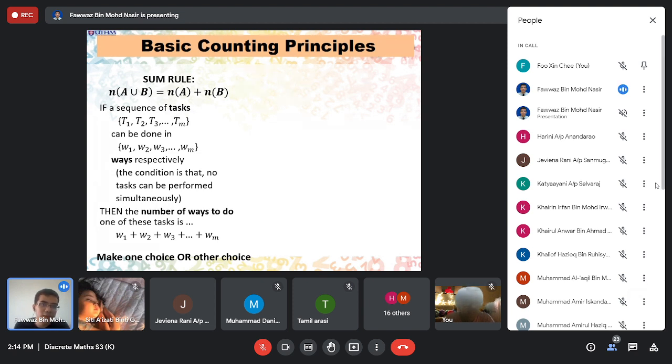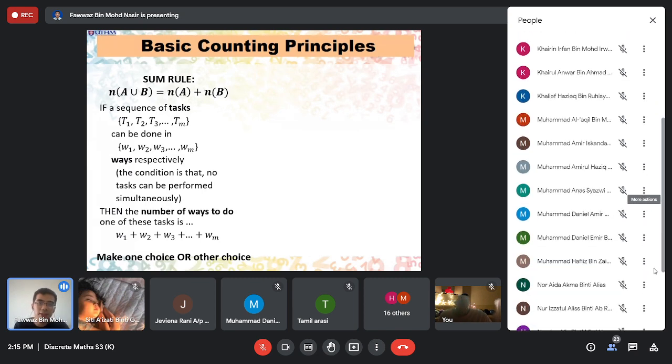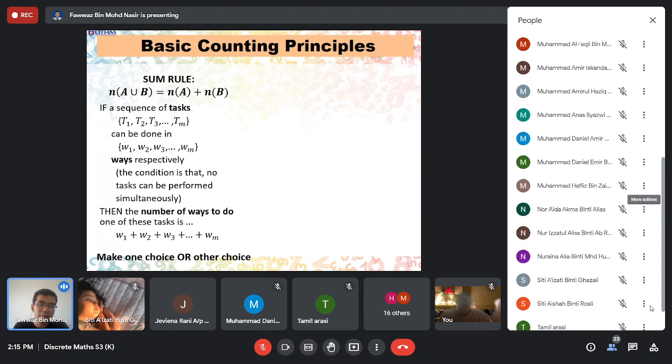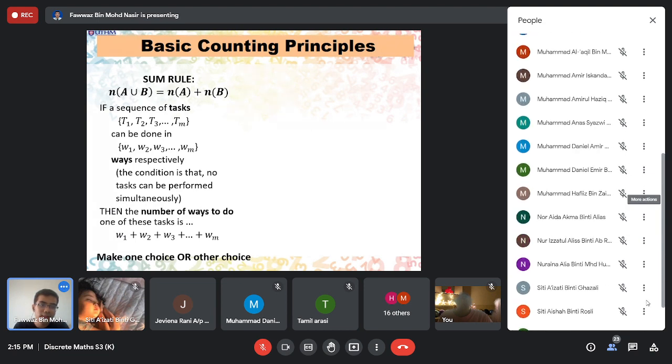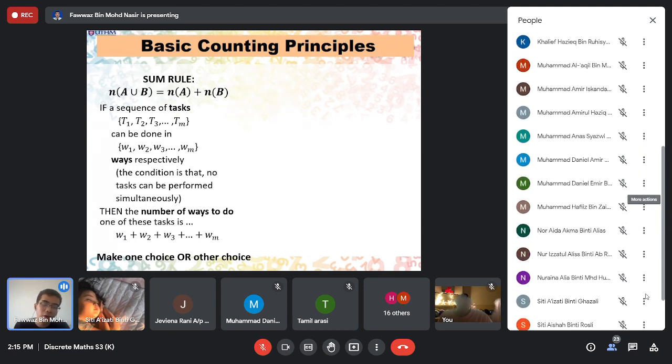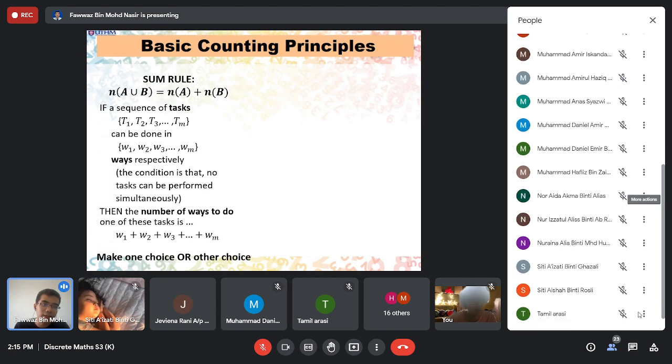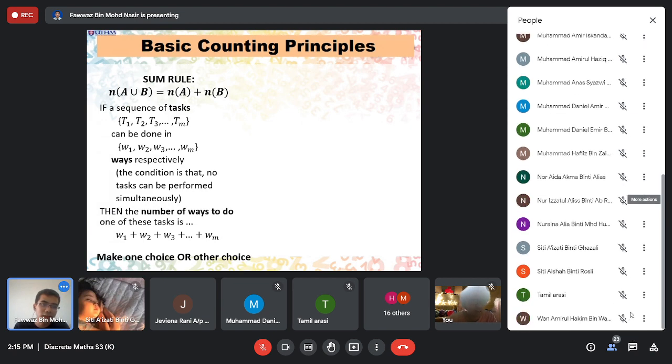Okay, so kalau task 1 tu ada 10 ways contohnya untuk perform task 1, and task 2 ada for instance 9 ways to perform task 2. So we just sum up both tasks, the number of ways for both tasks together to get the total number of ways.